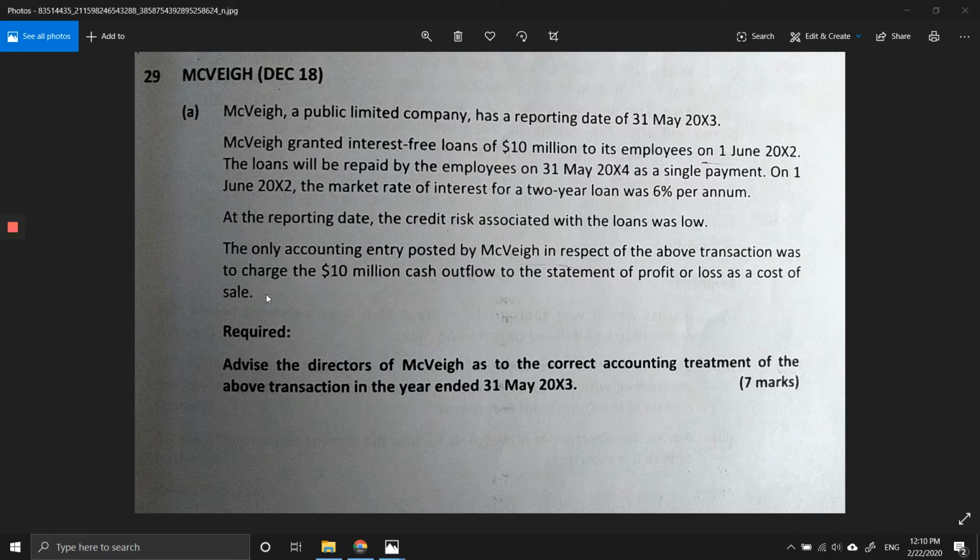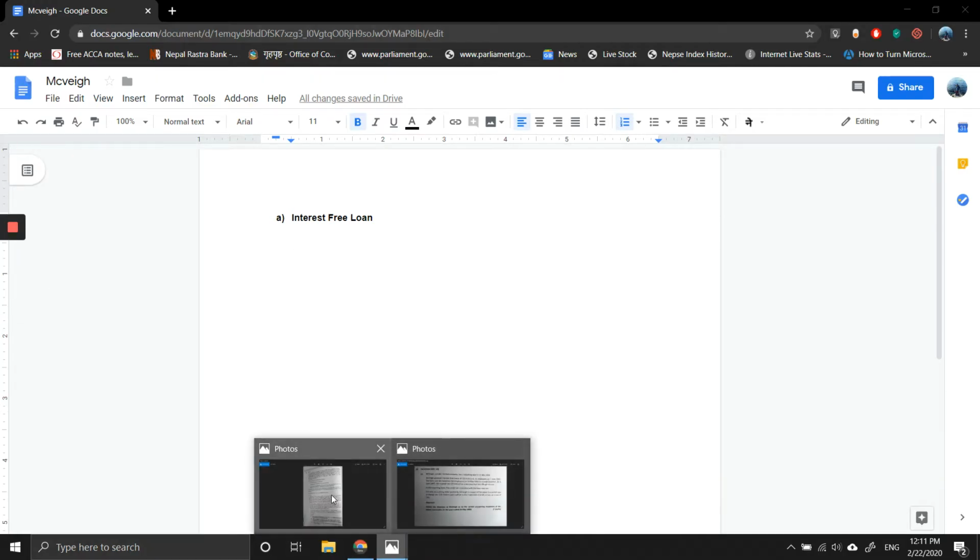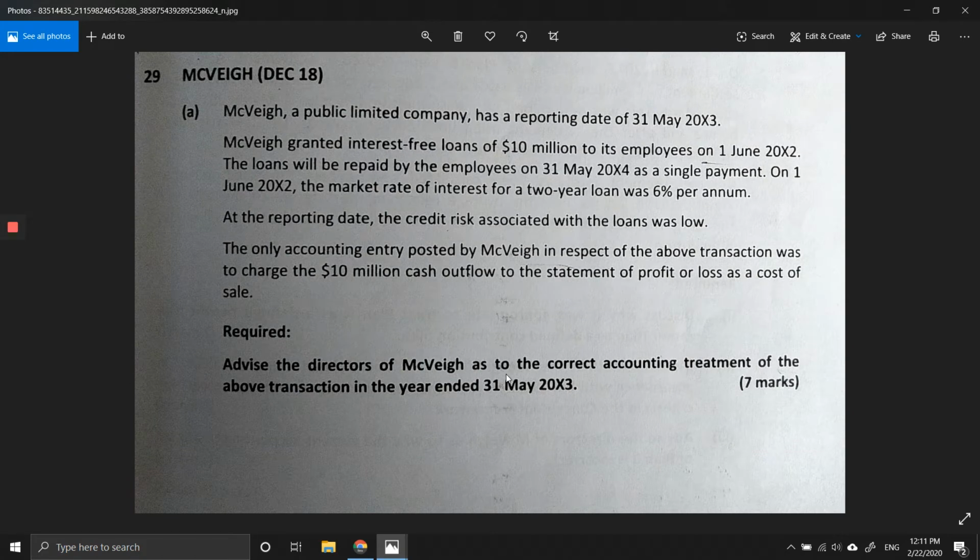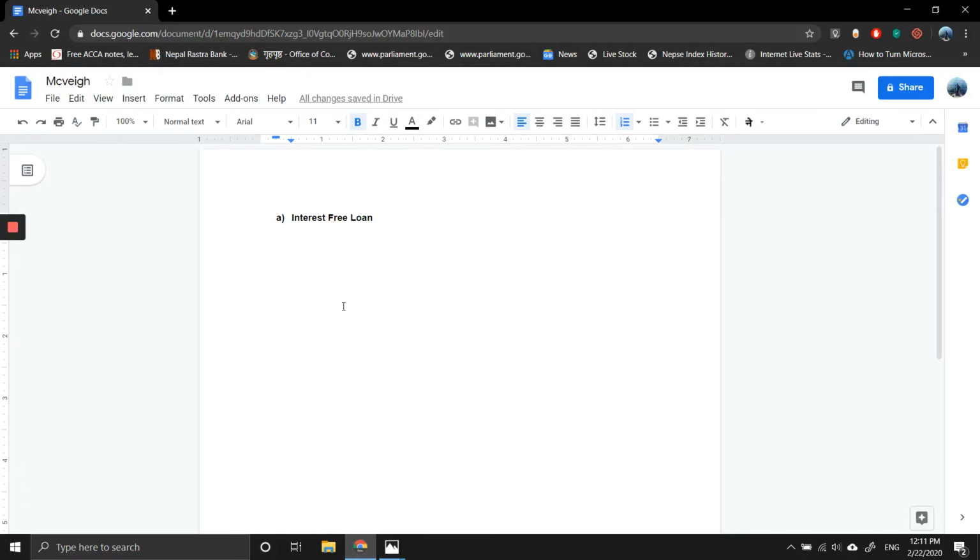So basically, we are asked to advise the director of McVeigh on how to correctly account for the transaction in the year ended 31st May 20x3. So let's talk about IFRS 9 first of all. The loan to the employees is a financial asset.